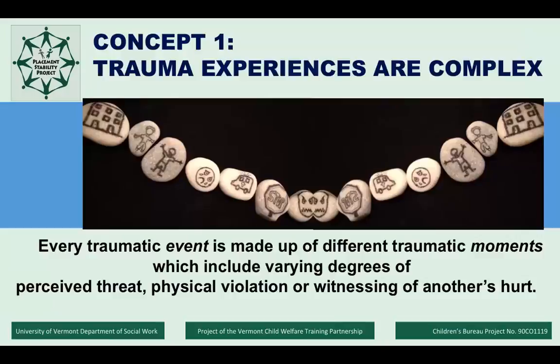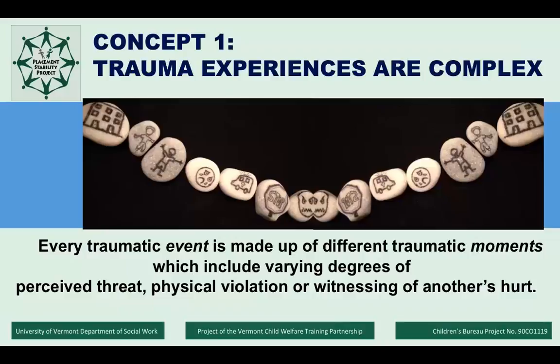So let's get started. Concept 1. Trauma experiences are complex. Every traumatic event is made up of different traumatic moments. These moments include varying degrees of perceived threat, physical violation, or witnessing of another's hurt. This means that children can react to different parts of their trauma.